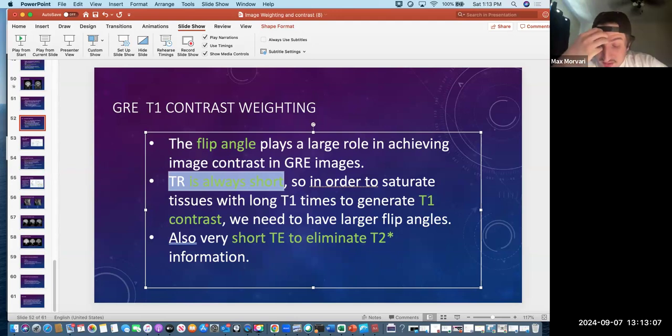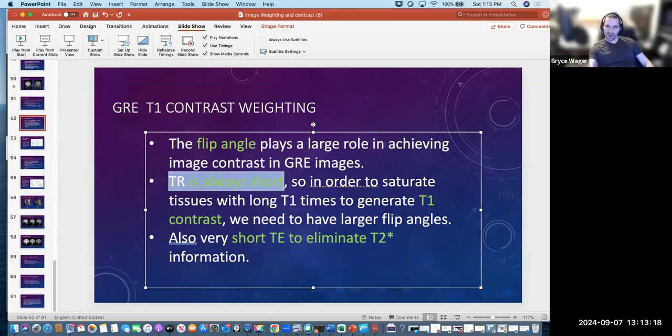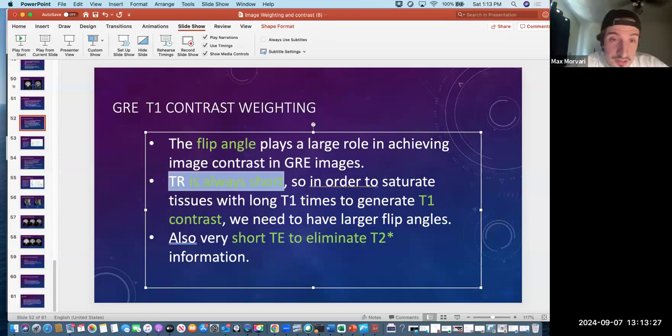For the gradient echo proton density, how would you be able to determine it's a proton density? Because it's GRE, what is the TR going to be? The TR is always going to be short.